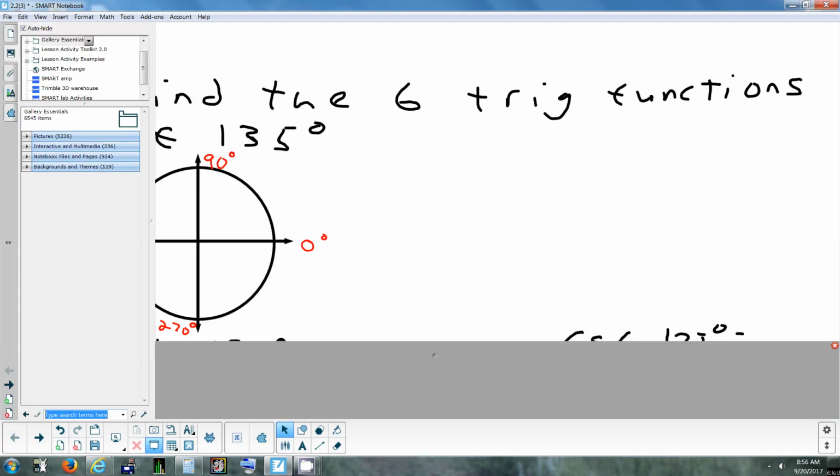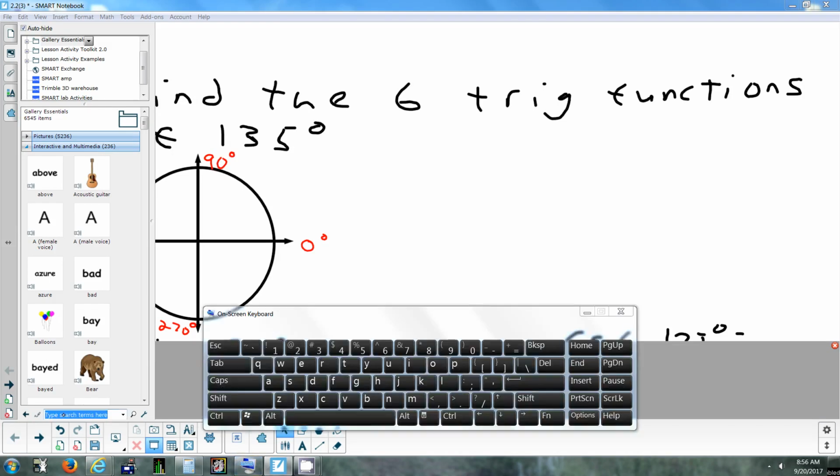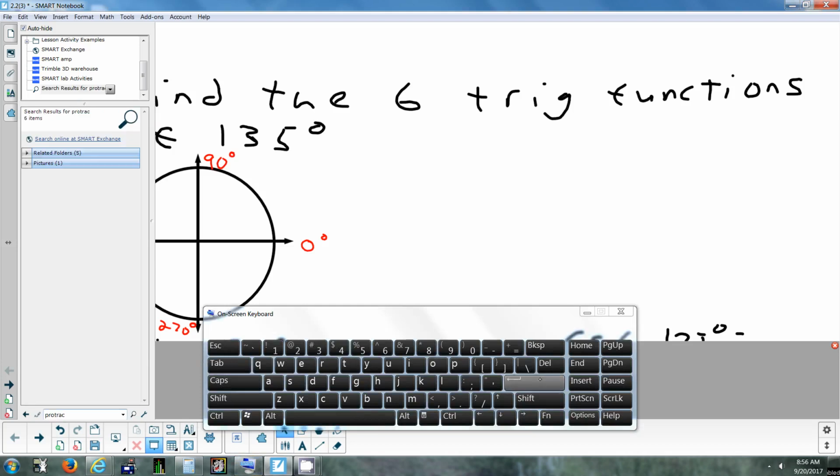If you wanted to get it kind of perfect, you could bring up a protractor. I'm not going to do this for every problem. On-screen keyboard is going to take a while. P-R-O-T-R. Let's see if it finds protractor.